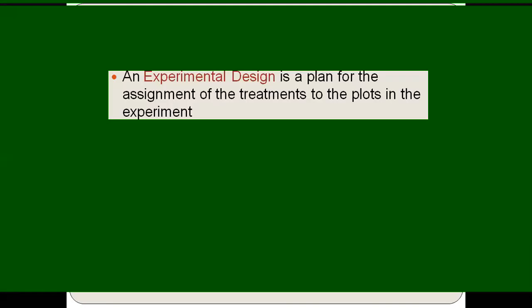That plan has to be approved and accepted by everybody. Then you can continue with experiments, right? What is this experimental design? An experimental design is a plan for the assignment of treatments to the plots in the experiment.